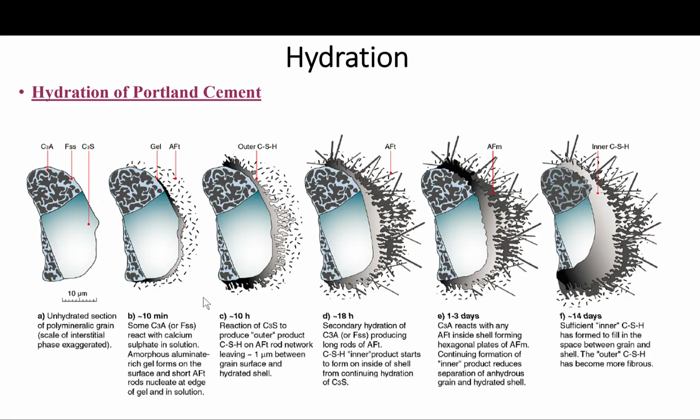After this initial period of reactivity, cement hydration slows down and the induction period begins. After maybe, let's say, about 3 hours of hydration, the induction period ends and the acceleration period begins. During the period from 3 to 24 hours, about 30% of the cement reacts to form calcium hydroxide and calcium silicate hydrate.